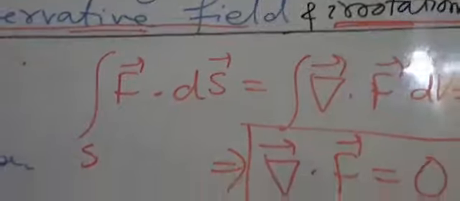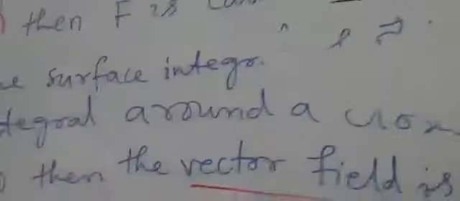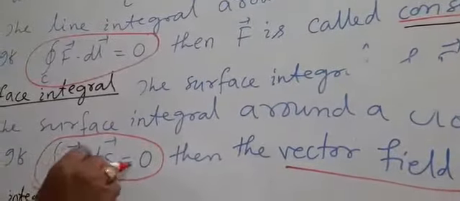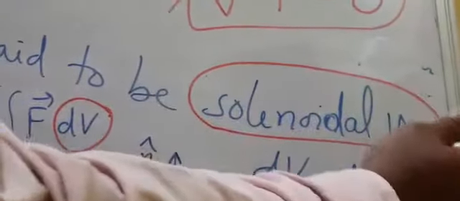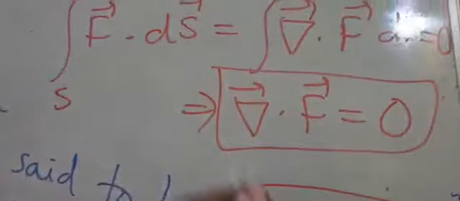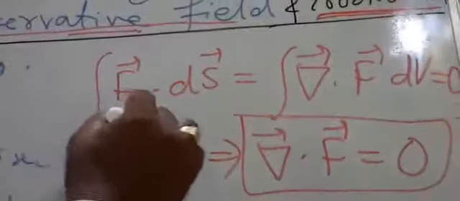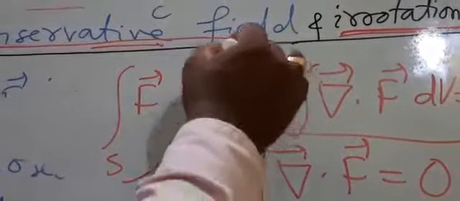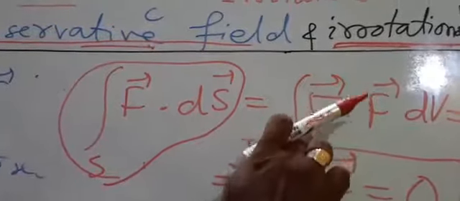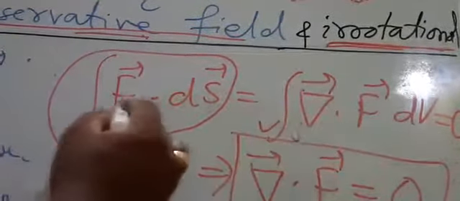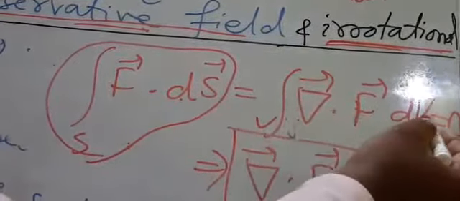Similarly, come to another problem. Already I explained. If the surface integration of a vector field is 0, then that vector field is called a solenoidal vector field. So how is it called solenoidal? As per the Gauss divergence theorem, you change the surface integral to volume integral. So f dot ds is equal to the volume integral of divergence of f dv.